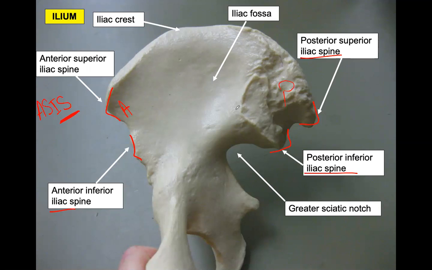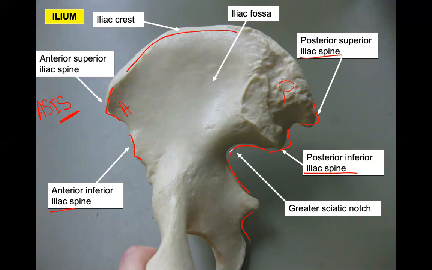This large surface you have right here is called the iliac fossa. The crest that you see on the top of the bone is called the iliac crest. You have 2 indentations, one big one and one small one.